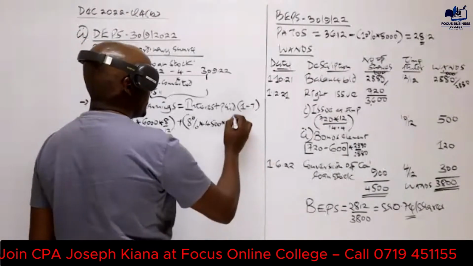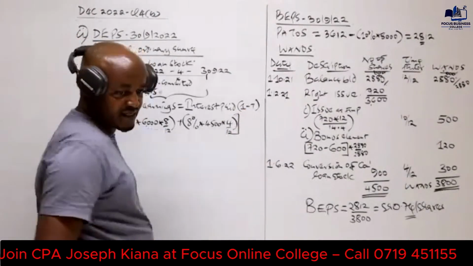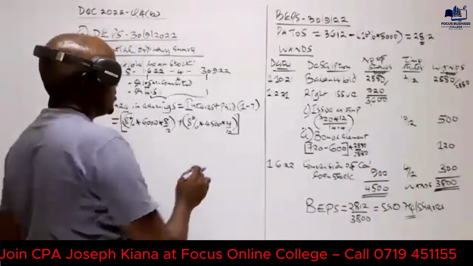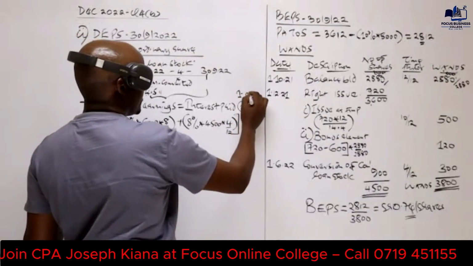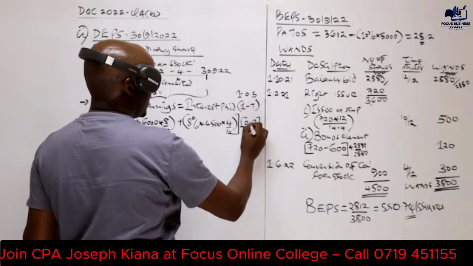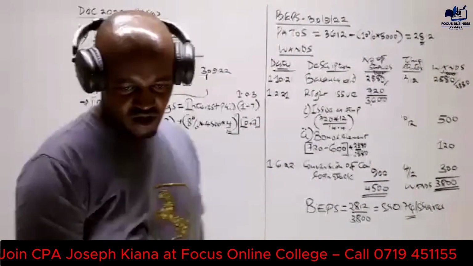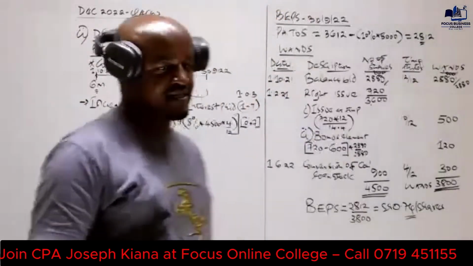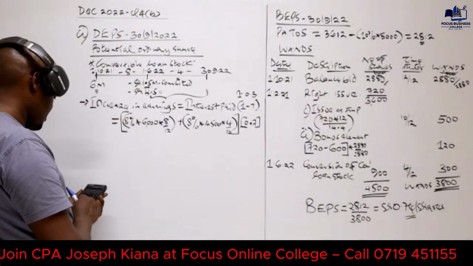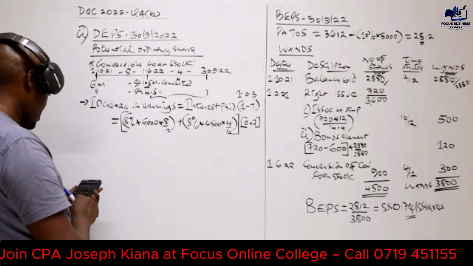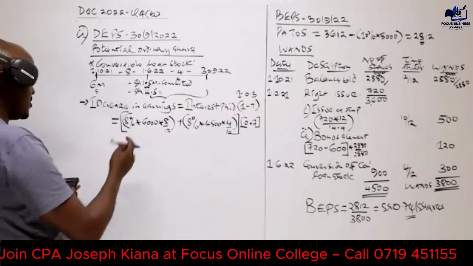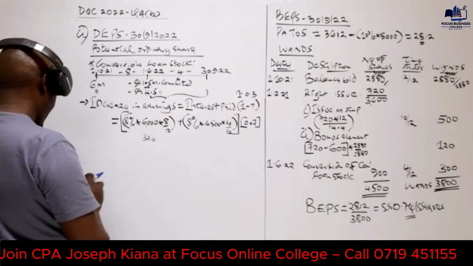And then in this case, we multiply that with 1 minus tax rate. Tax rate is given in note number 5, tax rate 30%. So we take 1 minus 0.3, which will be 0.7. That is the interest which was paid during the current year, but net of tax. Let's work out this.